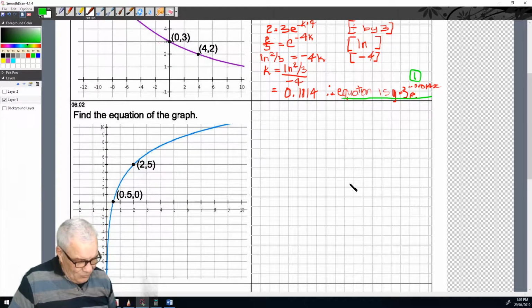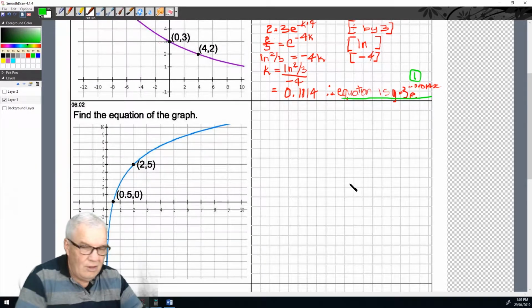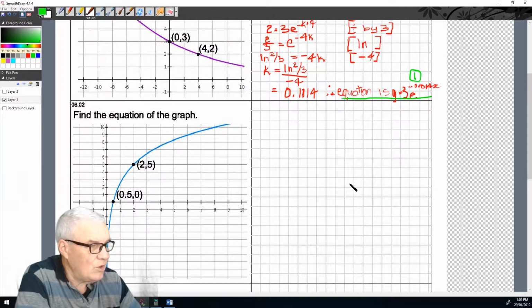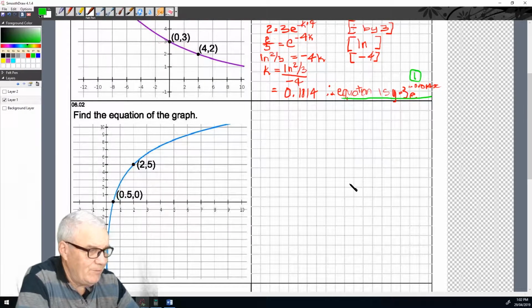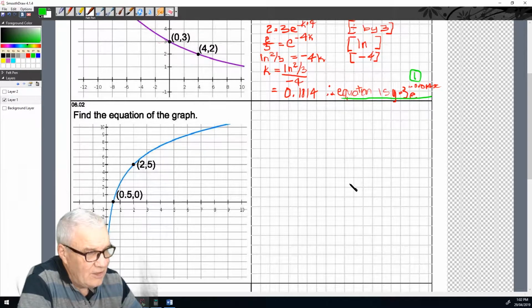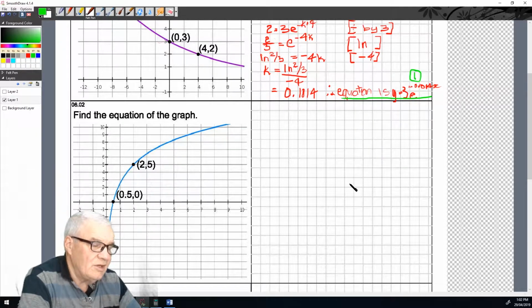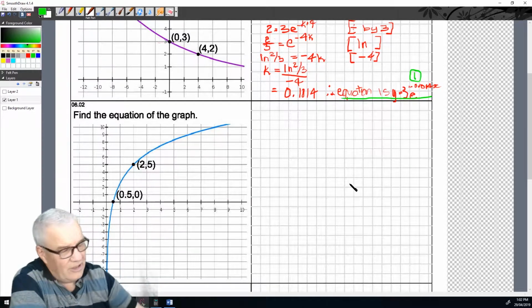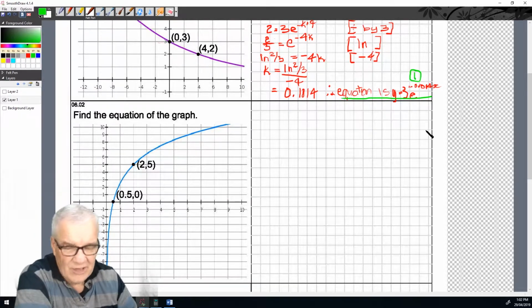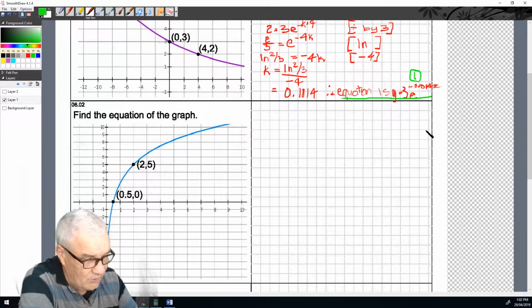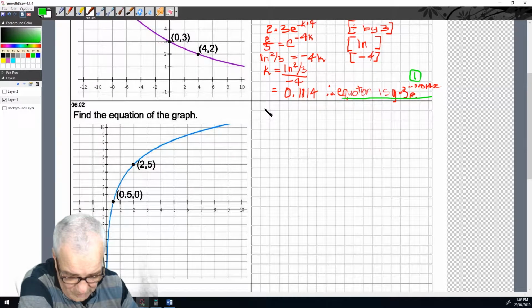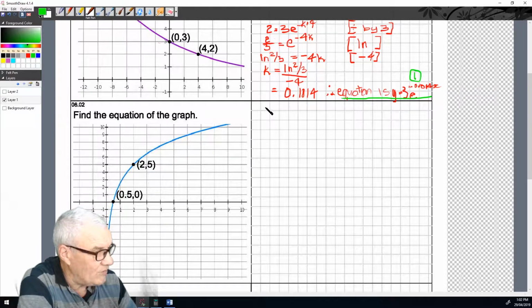So that tells us that this is not an exponential graph, but a log graph, because it's got a vertical asymptote. The horizontal asymptotes are the exponential, and the vertical ones are log. So this again is a little fact that we need to remember, and we need to remember the standard form of this here. It's not that difficult.